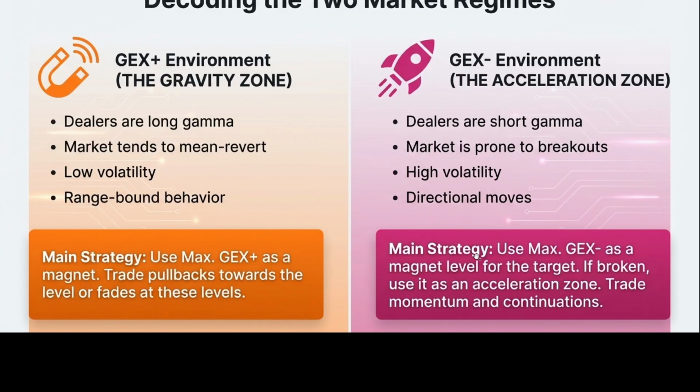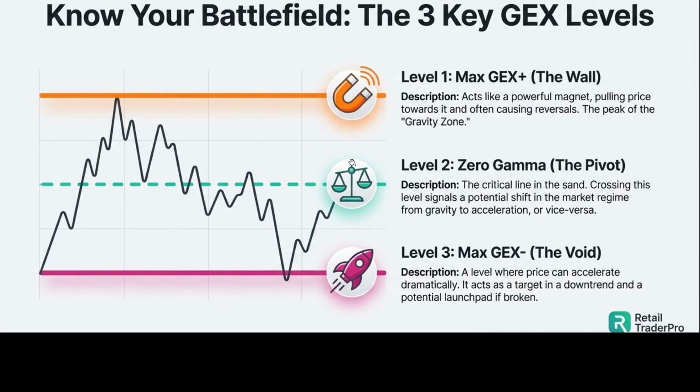The main strategy is to use the max negative Gex as a magnet level for the target. If this level is broken, use it as an acceleration zone. Trade momentum and continuation. Let's go see this in a practice picture.